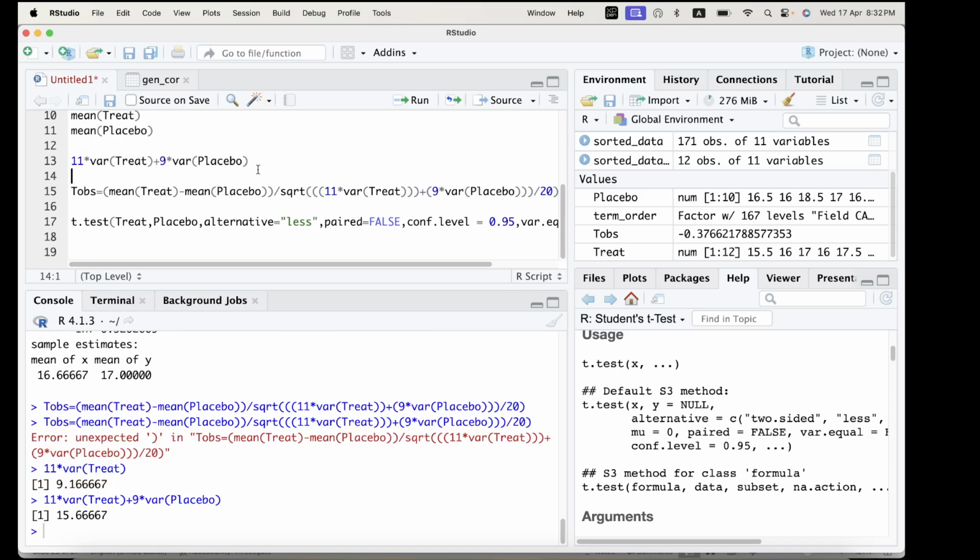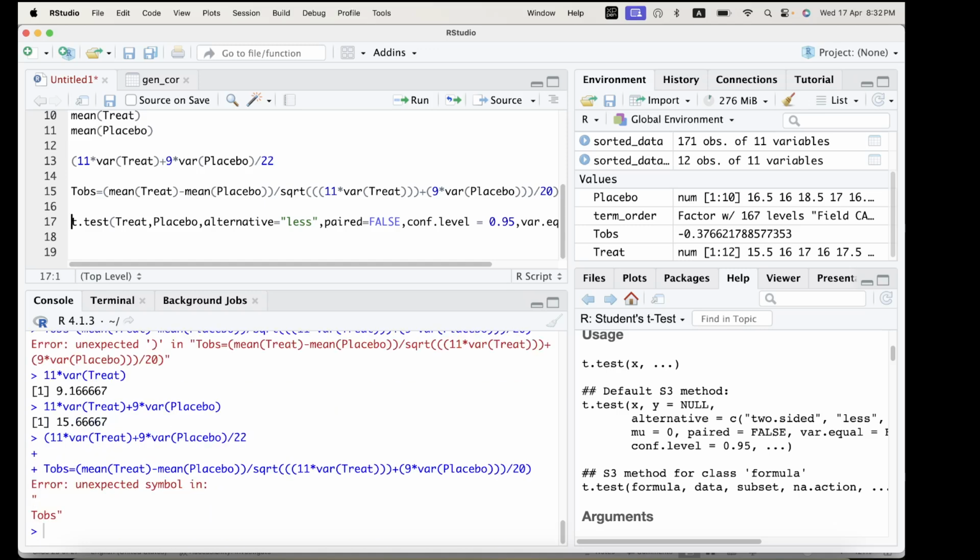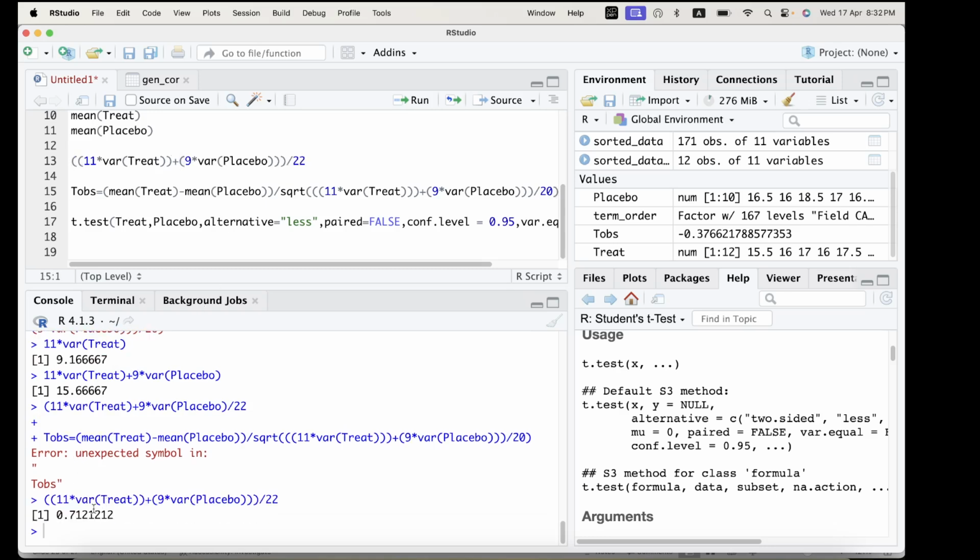This entire thing divided by 22. Wait, this one, and then this one, and this one. This will be 0.7122.